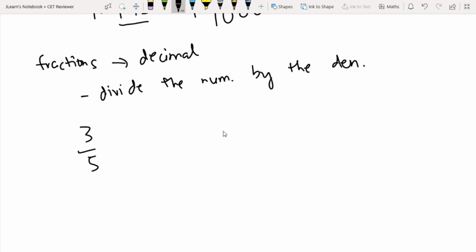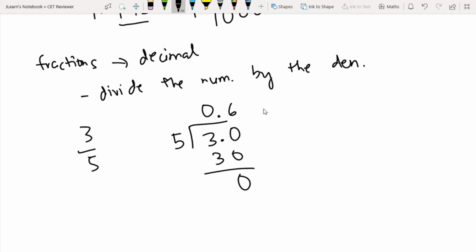So, now, i-divide mo yung 3 divided by 5. So, 3 does not divide 5, so 0. Tapos, add ka ngayon ng decimal point. Then, add ka rin ng 0. So now, 30 divided by 5, sipin mo lang siya as 30, ito ay 6, tama? So 6 times 5 is 30, then 0 na. So now, alam mo na ngayon na 3/5 is equal to 0.6.